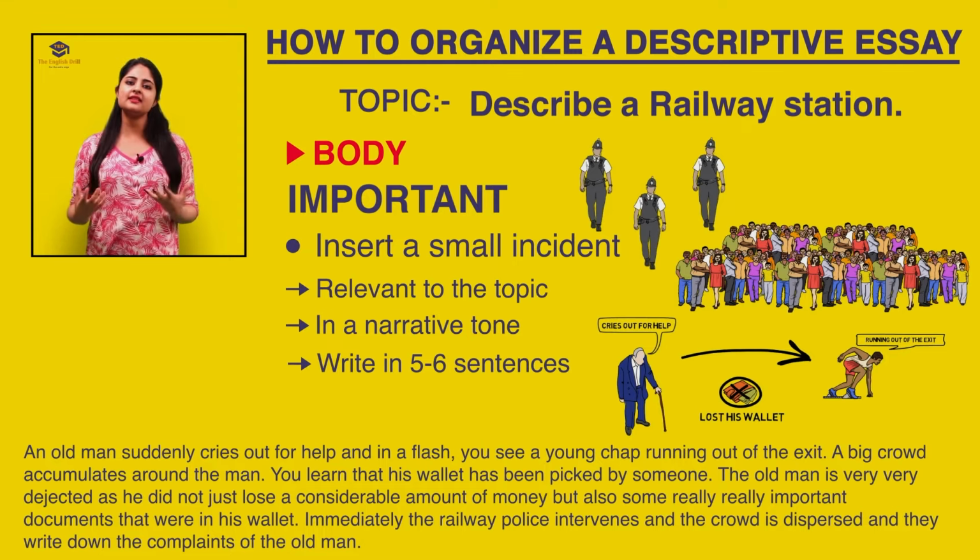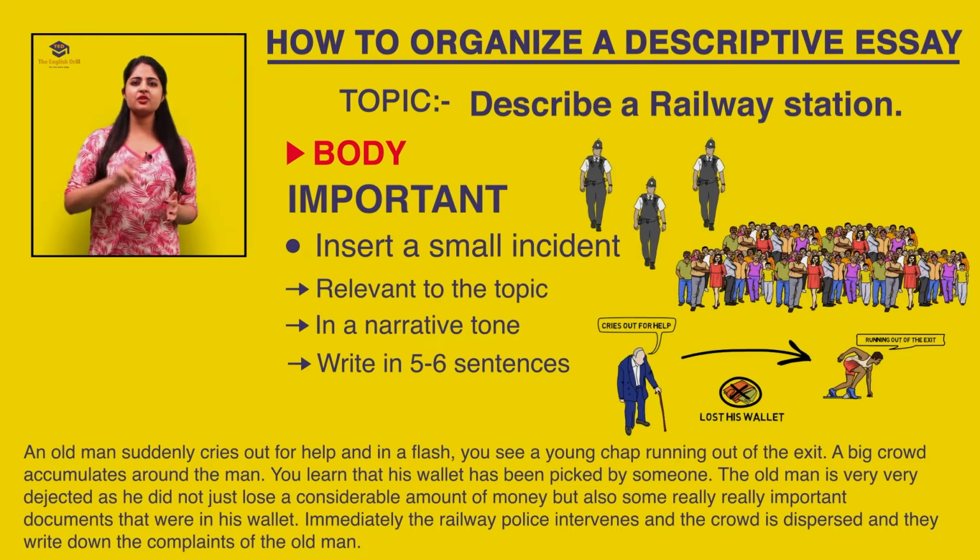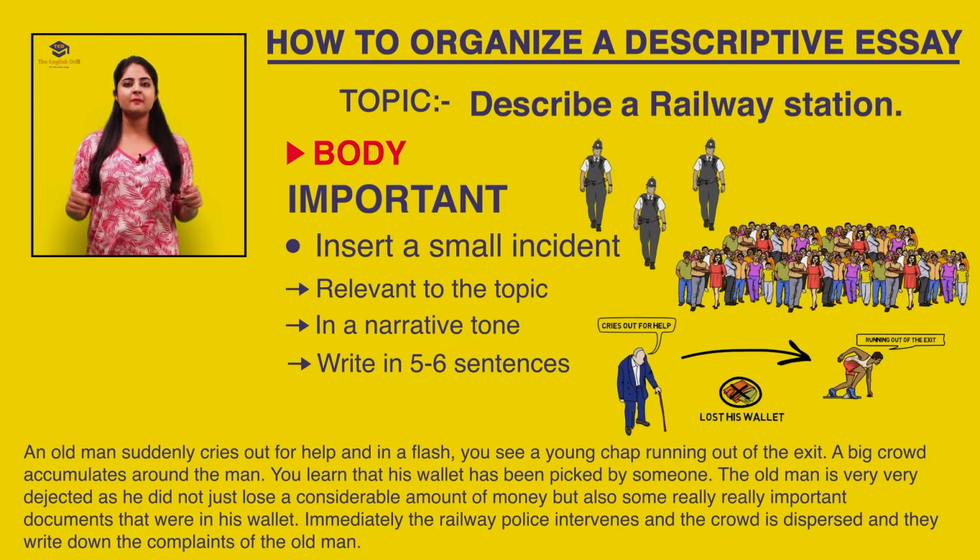Add a small incident just to break the monotony of the descriptions, but the incident should not be your primary focus. Mention it in the body in just 4 to 5 lines maximum, not more than that. 4 to 5 sentences, that is. Do not spend all your time and energy describing the incident, because it's not a narrative composition.